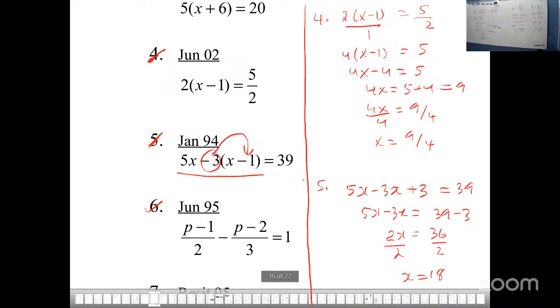What did you do for 6 here? But you have a 1 on the other side. So I can find the LCM.